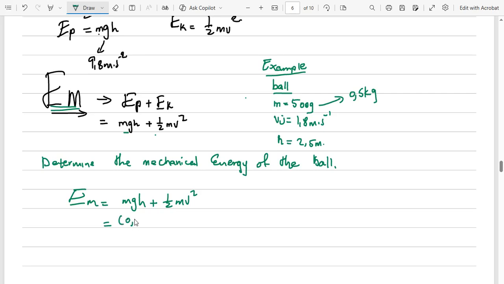Then this is 0.5 and then g will always be 9.8. And the height, you are given the height as 2.5, plus 1 over 2, and then the mass of the ball is 0.5 and the velocity 1.8 squared. So when you punch that on the calculator, you definitely find the EM, the mechanical energy of the ball.